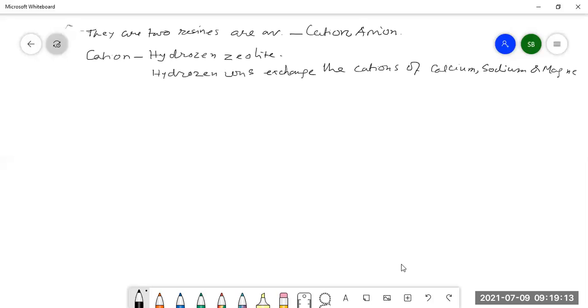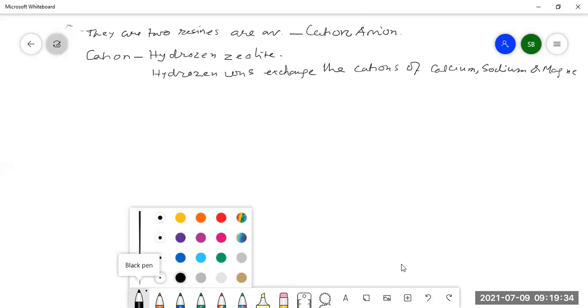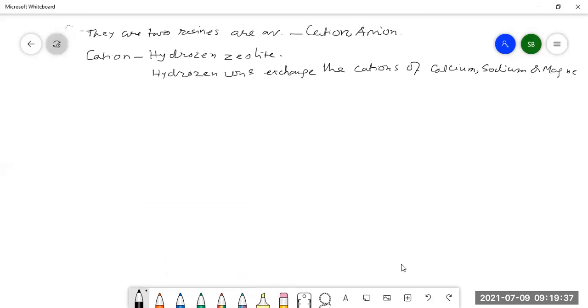Anion resins actually remove the chloride, nitrite, nitrates, and sulfates.